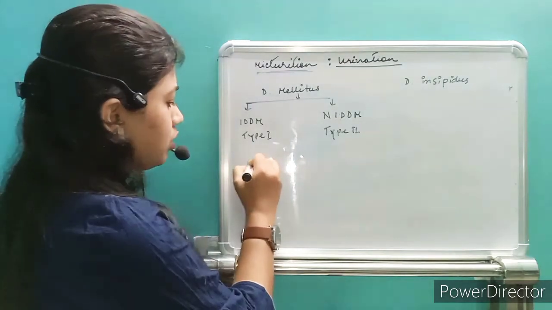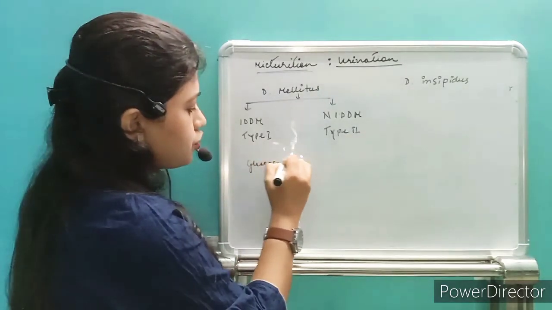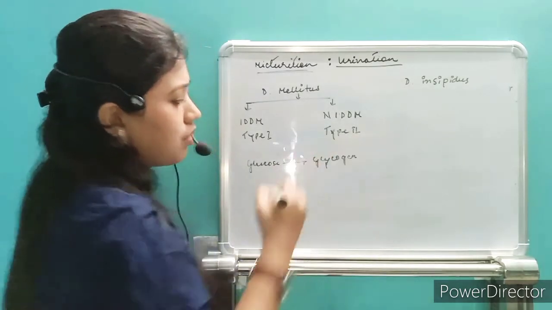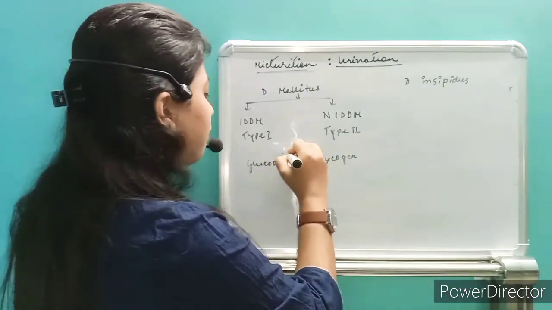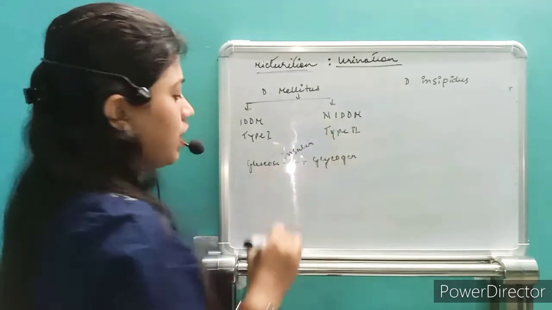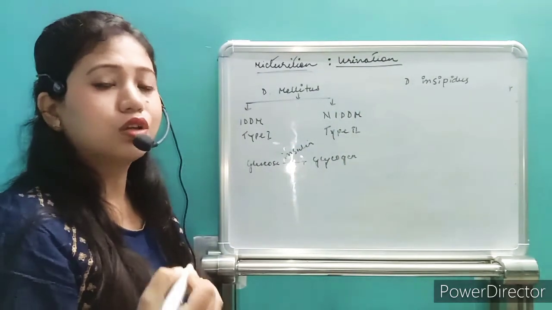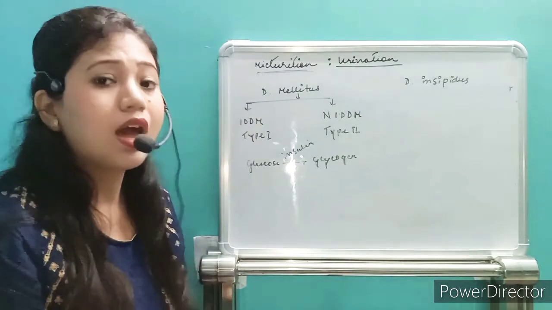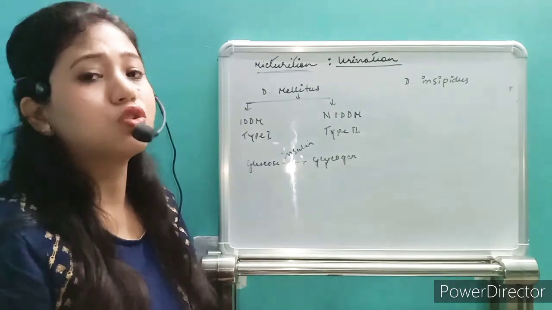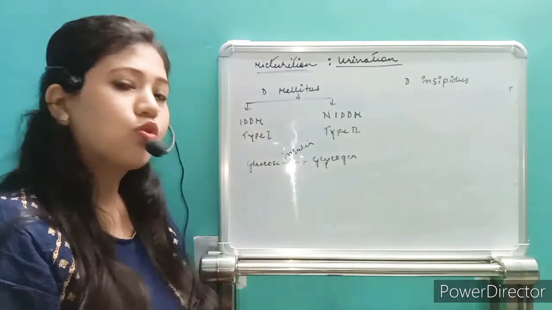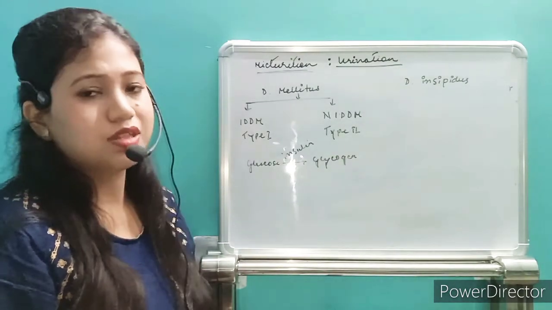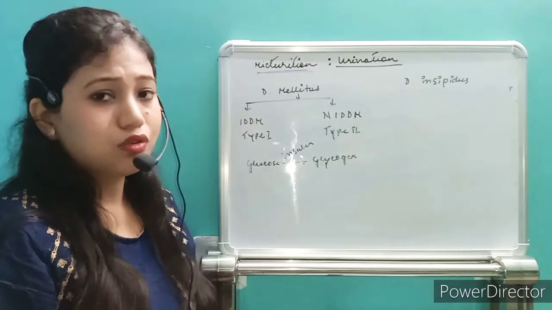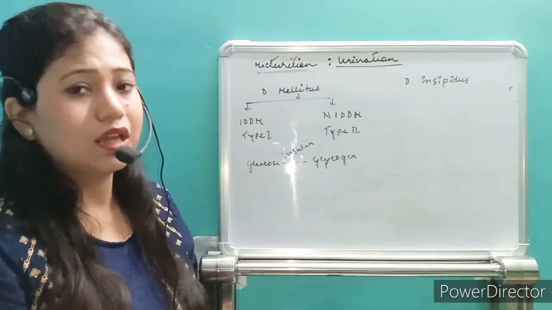Normally, glucose converts to glycogen, right? How can this glucose be converted into glycogen? With the help of insulin. Whenever our body digests carbohydrate, ultimately the monosaccharide formed after digestion is glucose. The glucose needed is used up in metabolic processes, and the remaining glucose is converted and stored as glycogen in the liver.